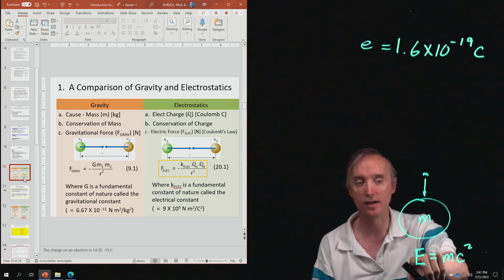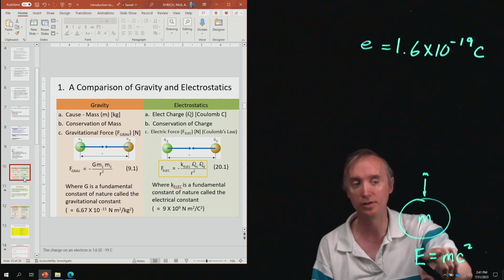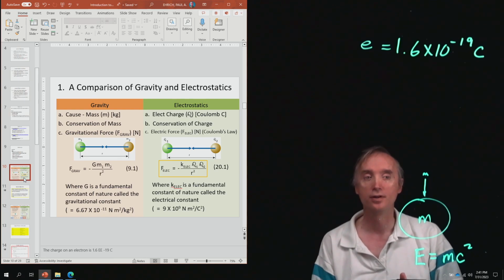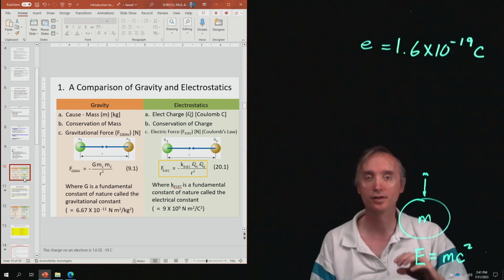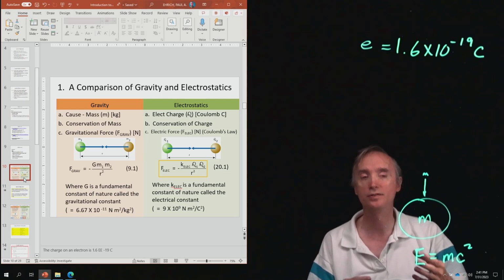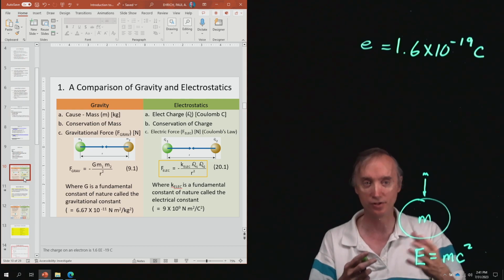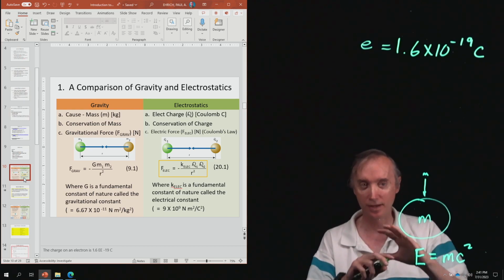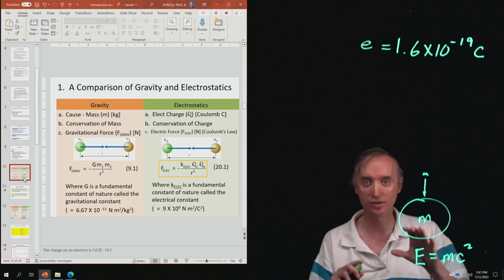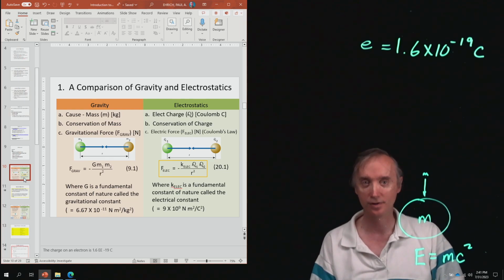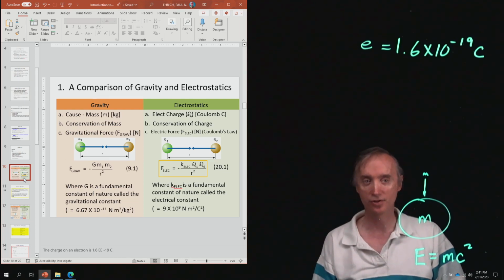And so he found out that mass could be turned into energy and energy could be turned back into mass. And so, to be precise, conservation of mass means we need to take energy into account, and it's actually conservation of energy mass. All right, but let that ooze out of your head. So we're just going to do classical gravity here, and we're going to say that you can't create or destroy mass.